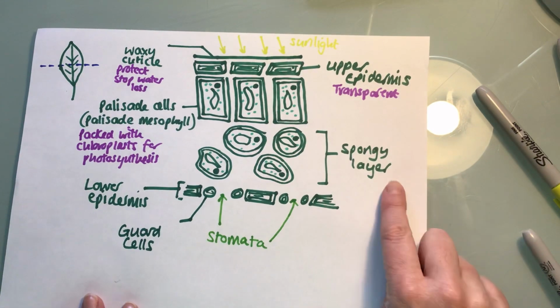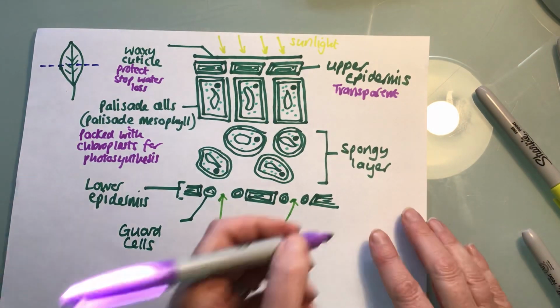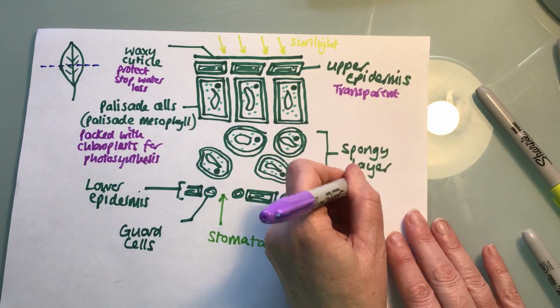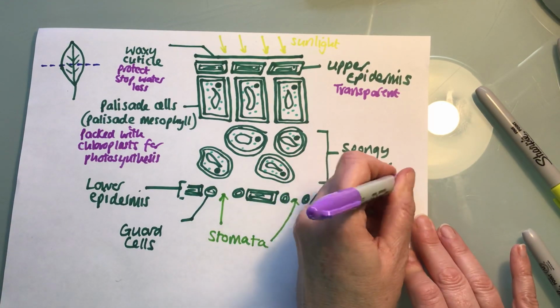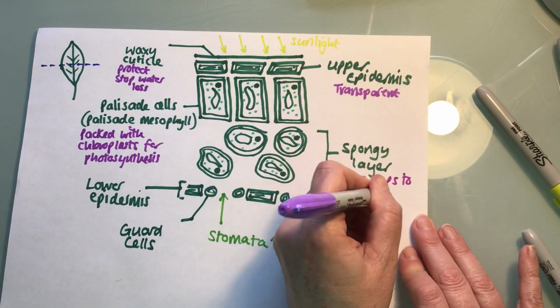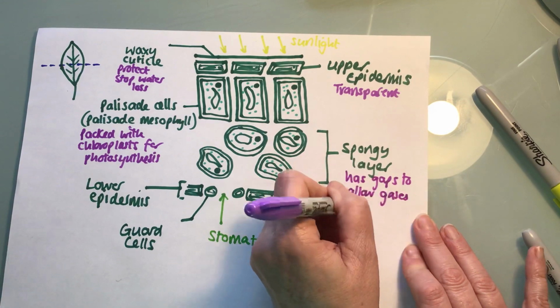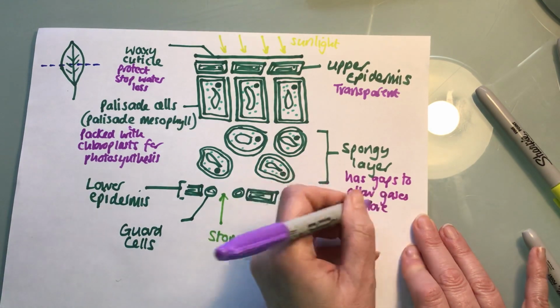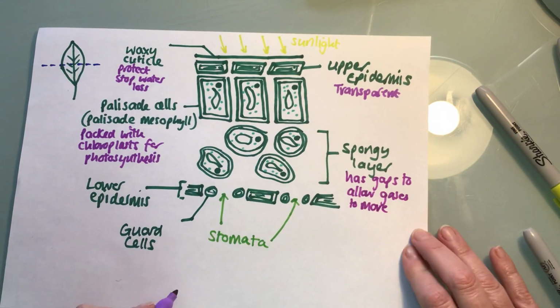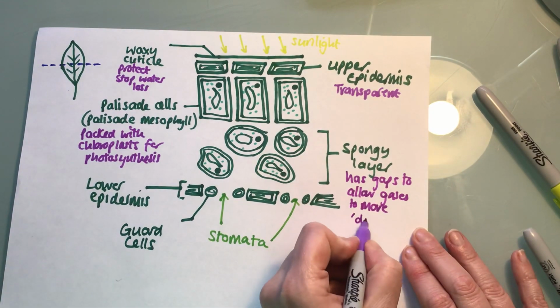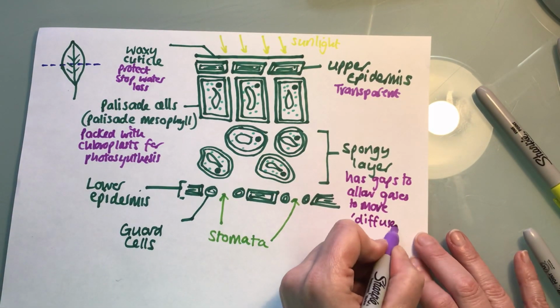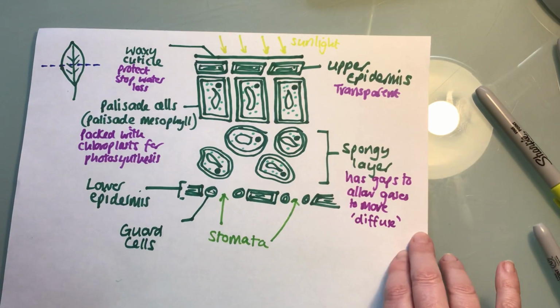Right, so what do we need to add to this? We need to say why it's good for the spongy layer. So this has gaps to allow gases to move. And if you want to use a nice sciencey word, they diffuse around the cells.